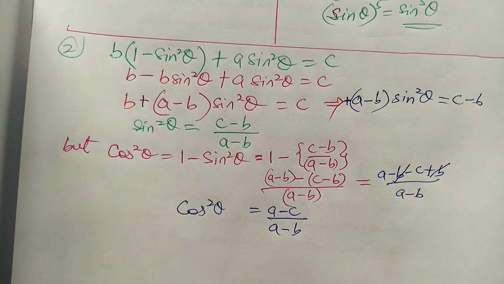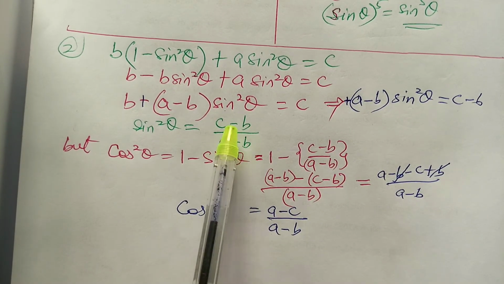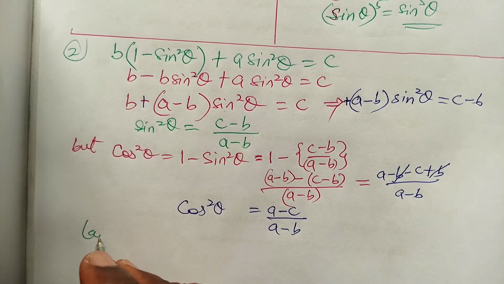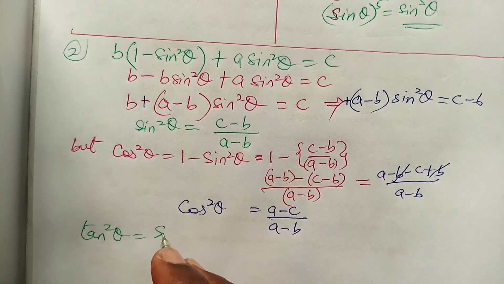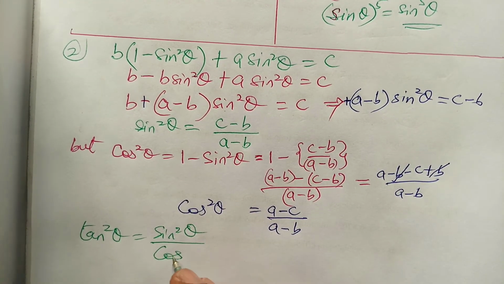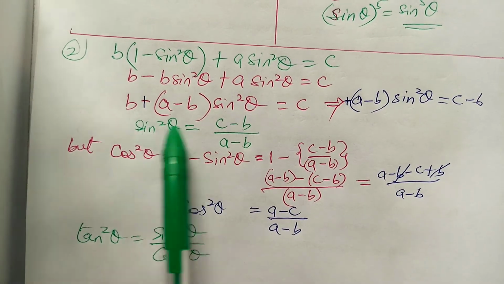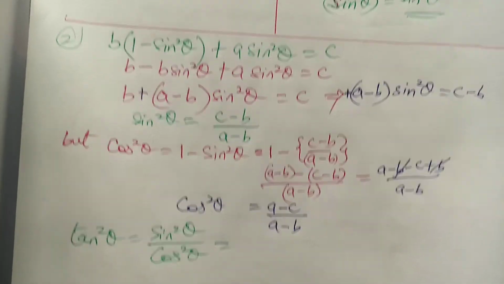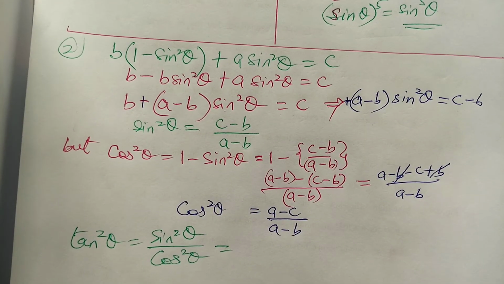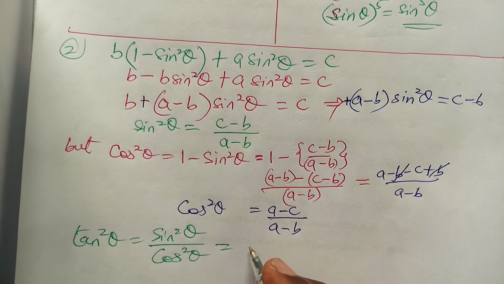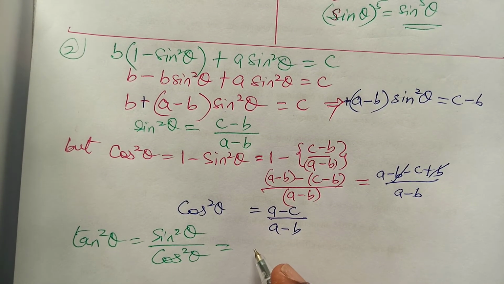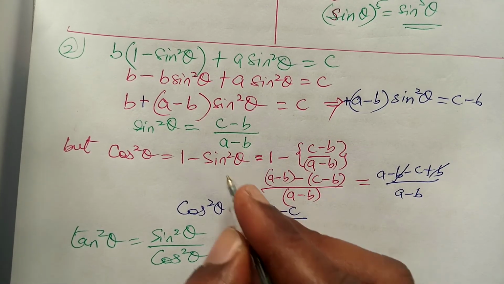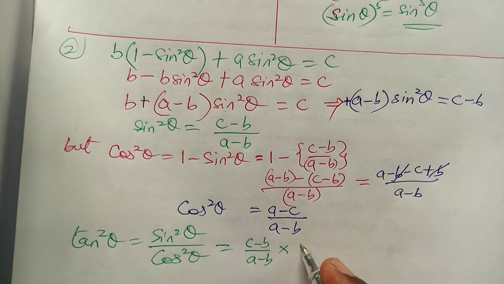Now it's easy to find tan squared theta. Since we know sin squared theta and cos squared theta, and tan squared theta is equal to sin squared theta over cos squared theta, we put in c minus b over a minus b divided by a minus c over a minus b.